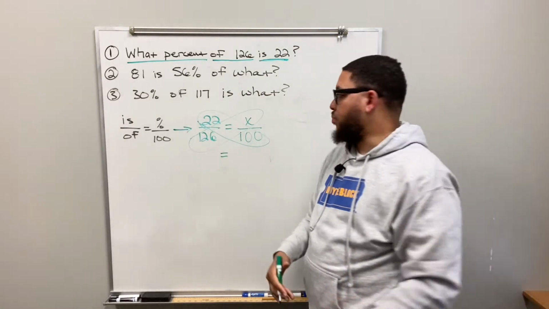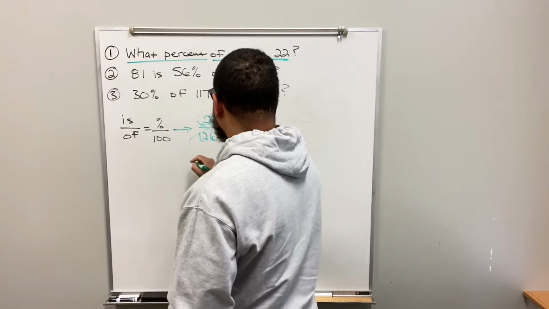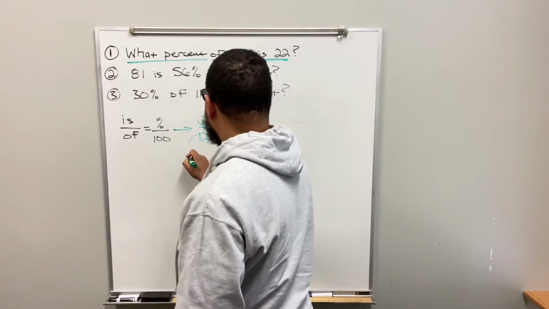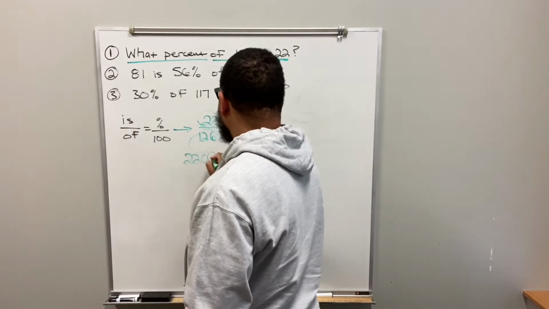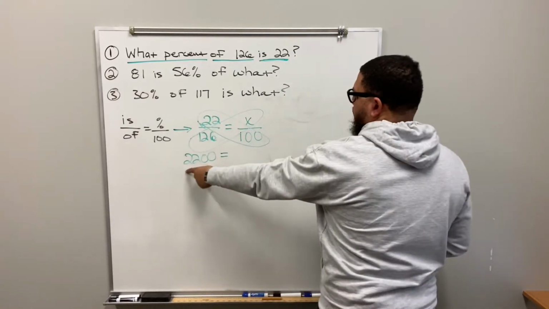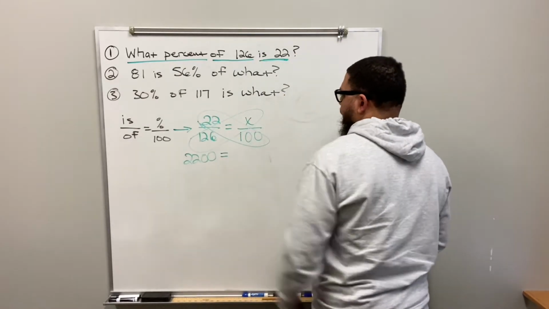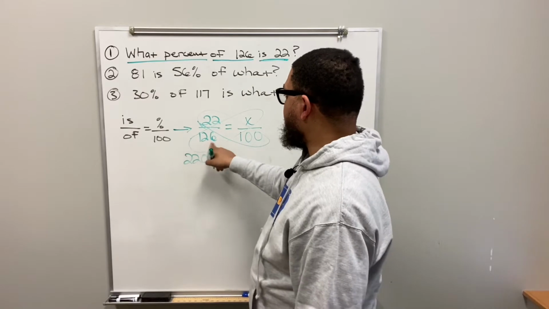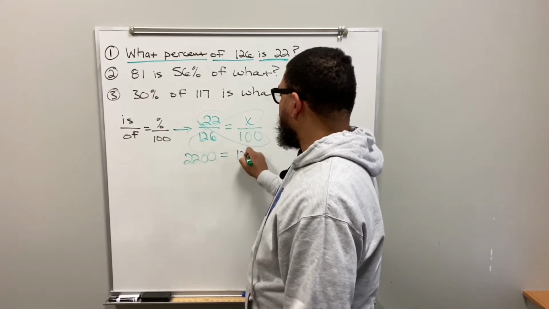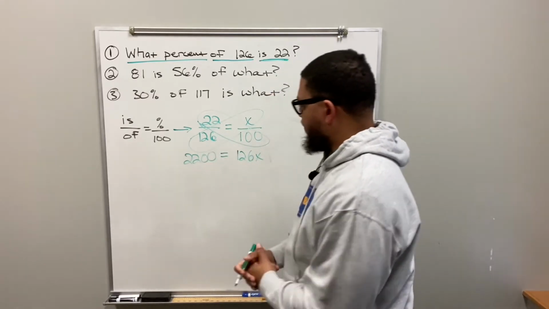So let's say I put this on the left side. I got 2200. 22 times 100 is 2200. On the other side, I put the product of these two, 126 times x. That's 126x.